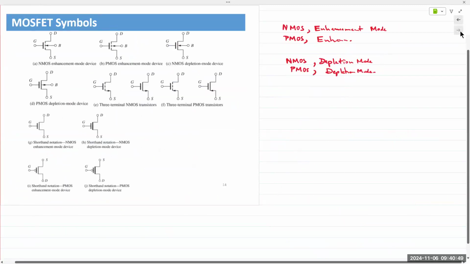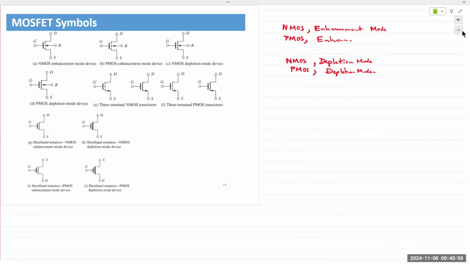So if you have an arrow pointing into the device, it's an N-channel MOSFET. If there's an arrow coming out of the device, it's a P-channel MOSFET or a PMOS. Again, arrow pointing in, N. An arrow pointing out, P, or PMOS. That is true whether it's enhancement mode or depletion mode.